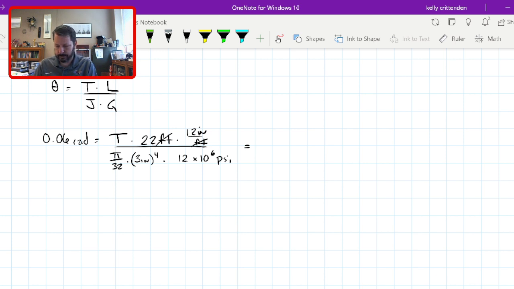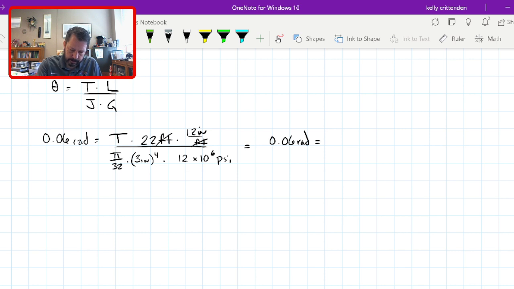All right, let's plug this into a calculator manually. We get 0.06 radians equals 22 times 12, divided by 12 million, divided by 3 to the 4th, times pi, and then divided by 32.